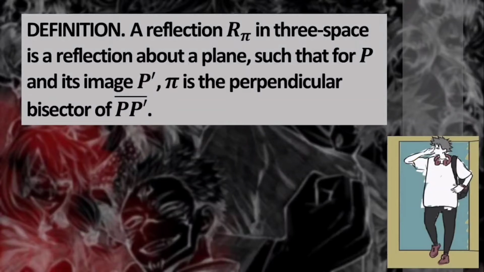Definition: a reflection R sub phi in 3 space is a reflection about a plane such that for a point P and its image P prime, phi is the perpendicular bisector of segment PP prime.